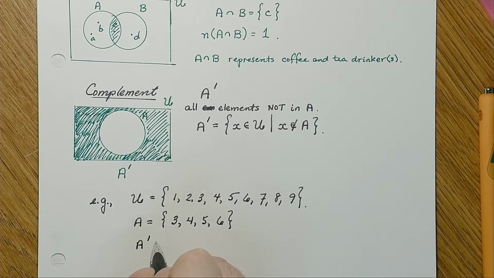Then the complement of this would be all the elements in the universal set that don't include A. So I would have 1, 2.